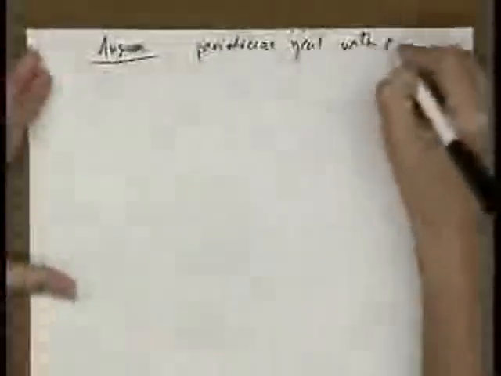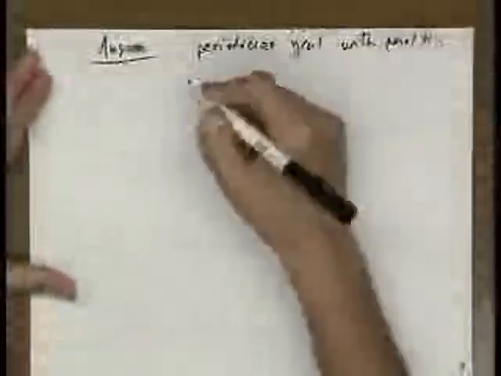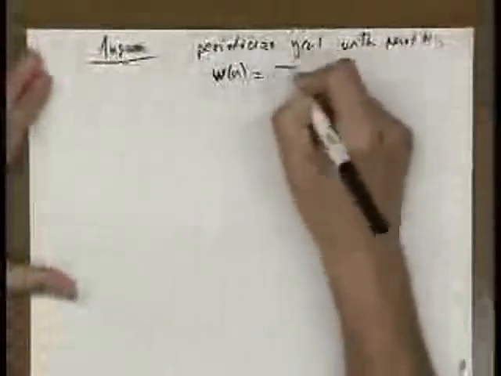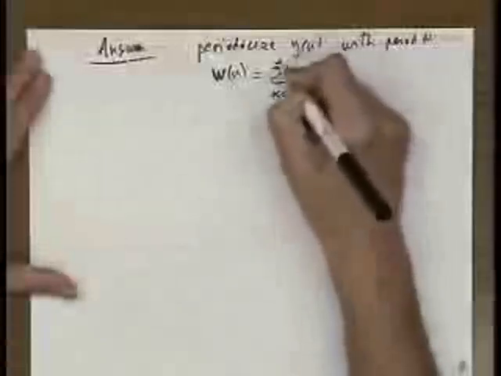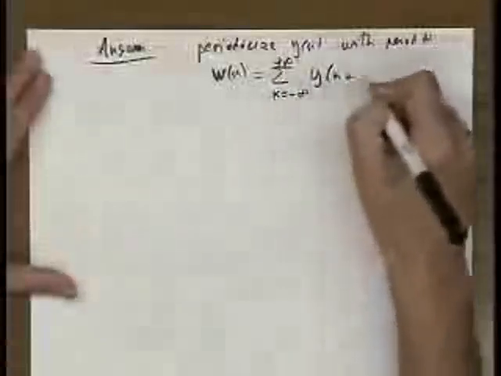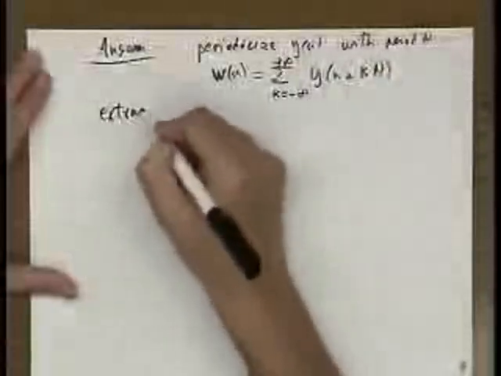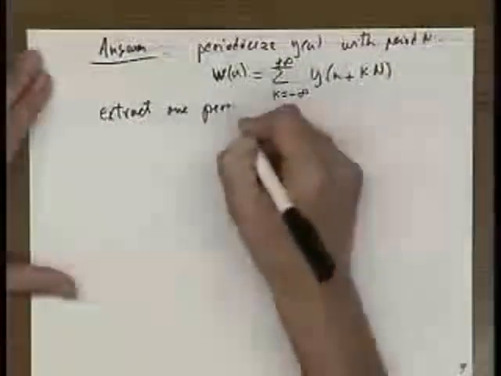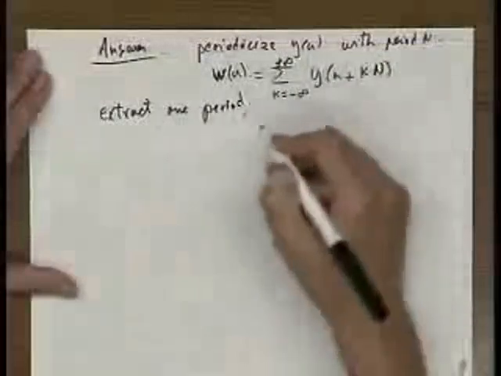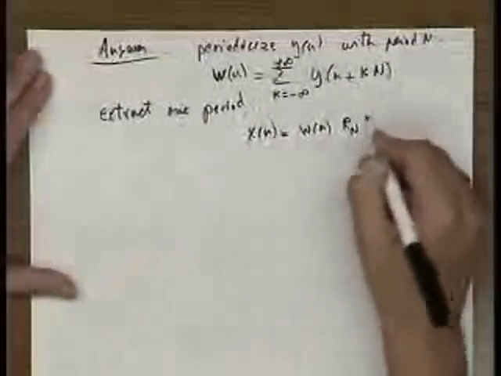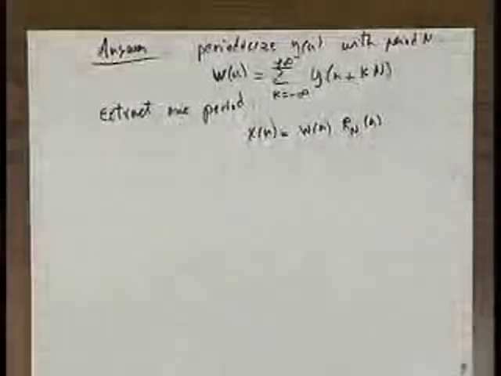All of them can be generalized with this answer, which is periodicize y of n with period N. In other words, compute w of n, which is just the summation from k minus infinity to plus infinity of y of n plus kN. Extract one period. In other words, x of n is w of n times r sub N of n. That's it. That is the answer.